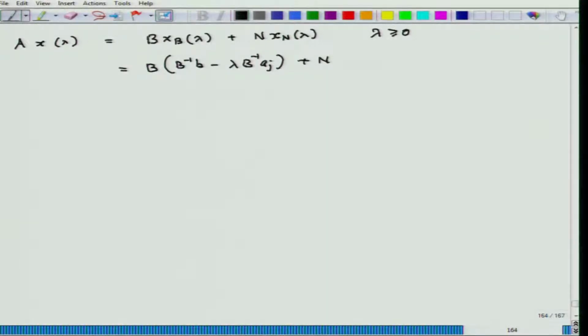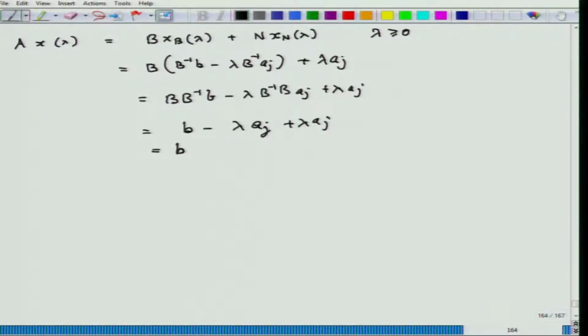So basically N into x_N lambda will give me lambda into A_j, the jth column in the N part, and the remaining part is obviously 0. So, here I have B B inverse b minus lambda B B inverse A_j plus lambda A_j. B B inverse is identity, so this gives b minus lambda A_j plus lambda A_j, which is b. So, x lambda is feasible.